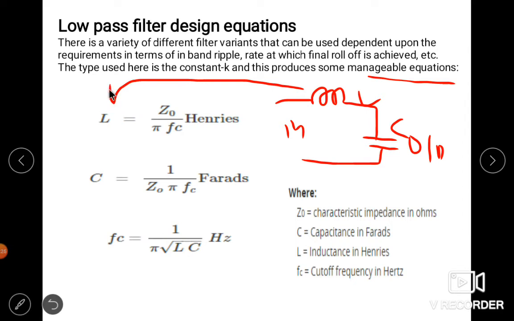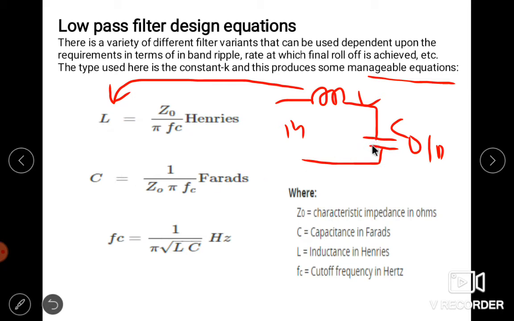By using this L, if I choose the L, so while we are designing this inductor, once we have placed this inductor over here, what is the actual value of this inductor? By using this formula, we have simply designed and found the value of this inductance L.